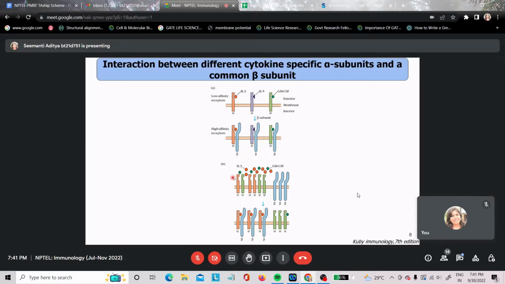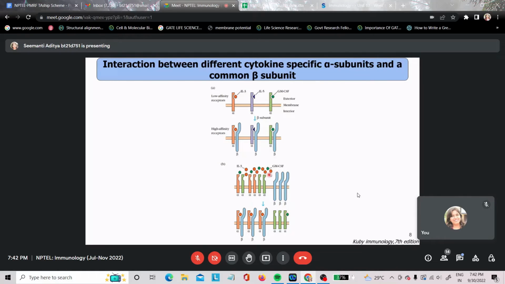So that is why we can see that over here, when IL-3 and GM-CSF are binding to this particular alpha subunit, there is a higher number of IL-3 molecules. So IL-3 molecules will bind to these IL-3 alpha receptors, and GM-CSF is lower in number, so GM-CSF binds only to some of the alpha receptors.